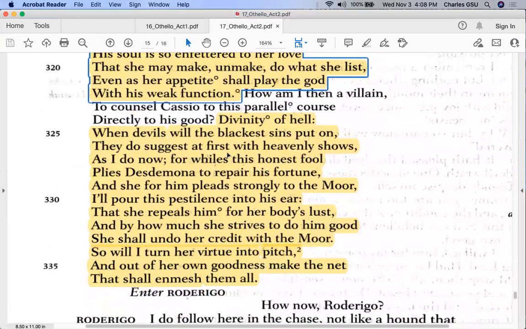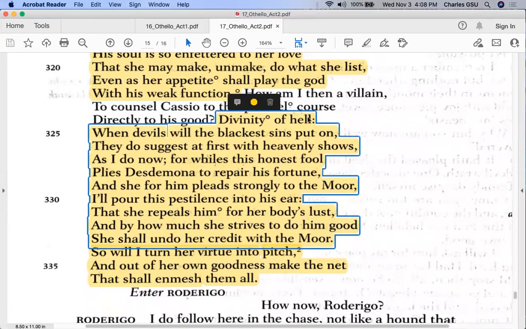And he says, "Divinity of hell, when devils with the blackest sins put on, they do suggest at first with heavenly shows, as I do now." So you've got to stop and digest that. He's saying, like devils out of hell who put on black sin, before they put on their black sin, they do first put on heavenly shows of being of a good nature, which is what he's doing, right?